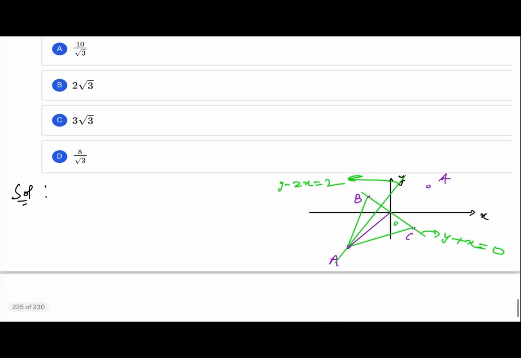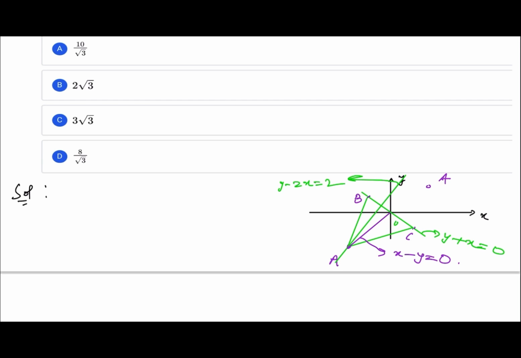And the perpendicular bisector of x plus y is equal to 0 will pass through the origin and it is nothing but x minus y is equal to 0.